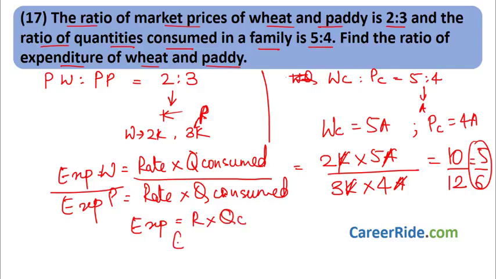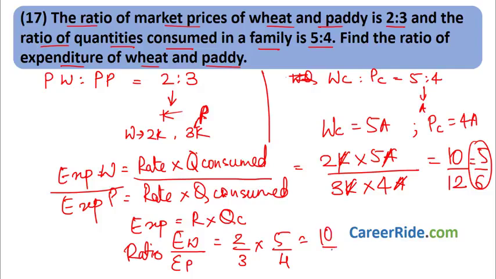So expenditure for wheat upon expenditure for paddy is the ratio of rate, 2/3, multiplied by the ratio of quantity, 5 upon 4. You will get the same answer, 10/12 equal to 5 upon 6. But if you are getting confused with this, you can use our simple method and calculate.